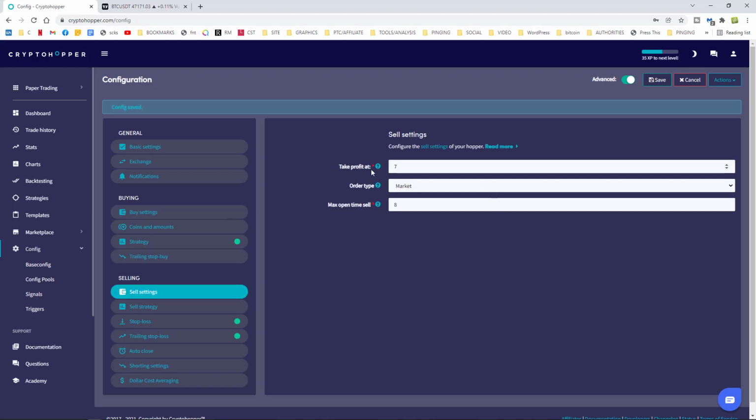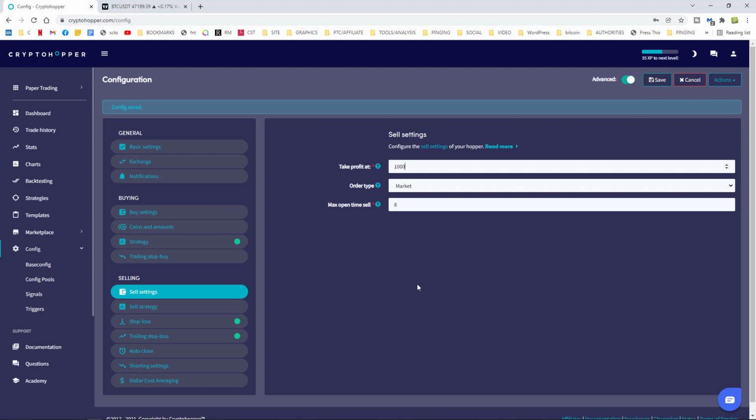Sell settings. Right, I'm going to set this to 1000 in the take profit, just in case something goes to the moon. Let's imagine that you bought, let's say, XRP, and you got lucky just after you bought it, or a few hours after, it starts really skyrocketing, and there's some good news about XRP or something.